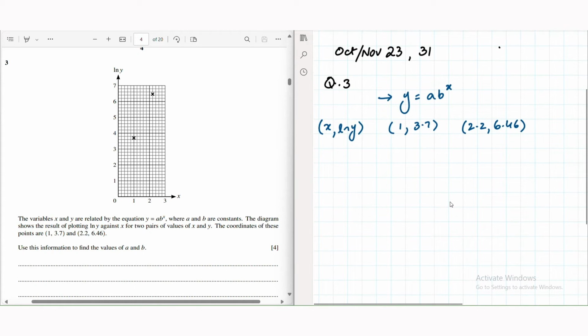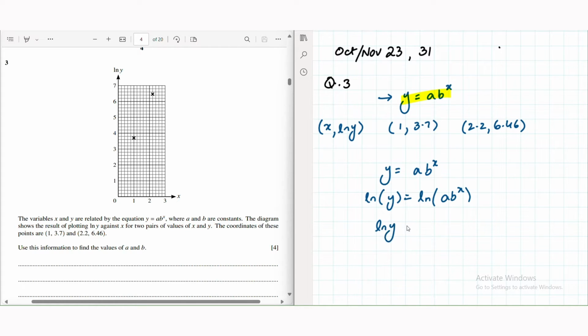So what we do is we use this exponential equation and turn this into a logarithmic equation with the base e, basically ln. So when we have y equals a b to the power x, we take ln on both sides. We will have ln y equals ln of a b raised to power x.